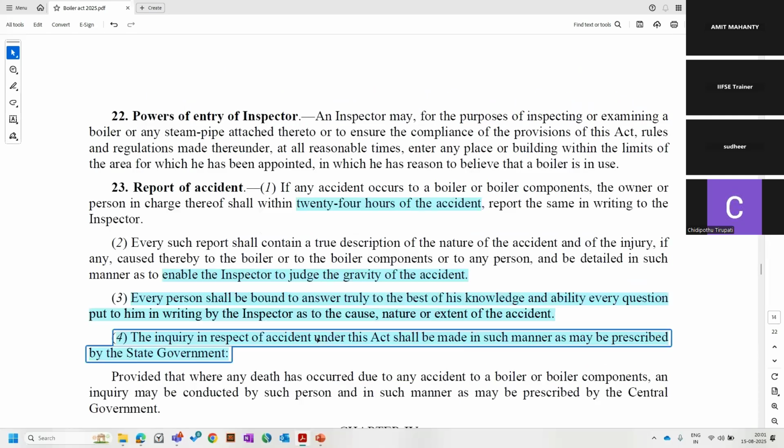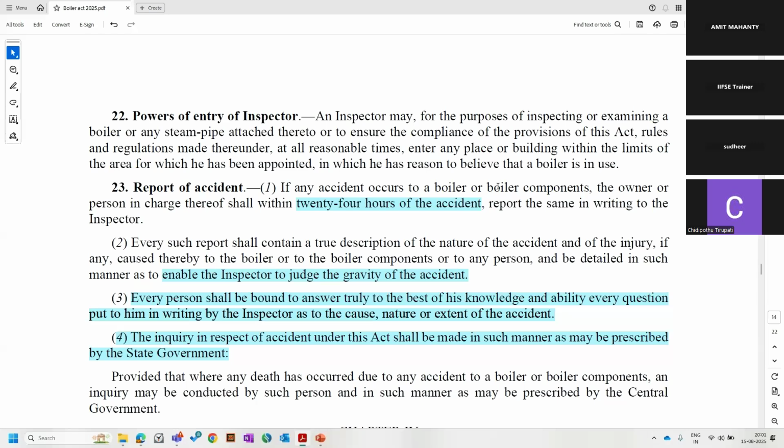Report of accident. In the case of any accident occurring to the boiler components, the owner or person in charge shall within 24 hours of the accident report the same in writing to the inspector. Okay. Within 24 hours we have to report.